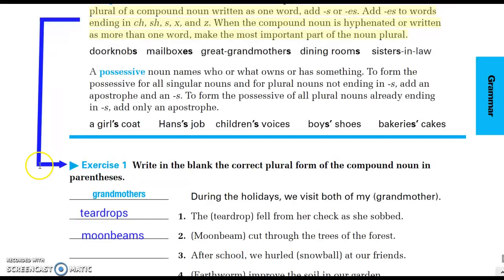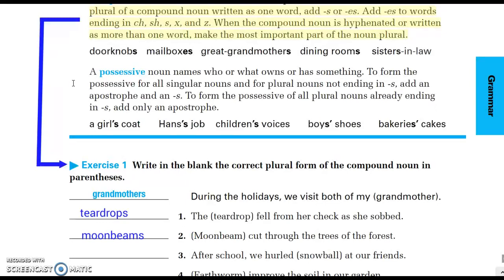Exercise 2 focuses on possessive nouns. It says, a possessive noun is who or what owns or has something. To form the possessive for all singular nouns and for plural nouns not ending in s, add an apostrophe and an s. To form the possessive of all plural nouns already ending in s, add only an apostrophe.